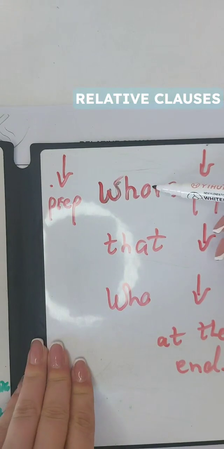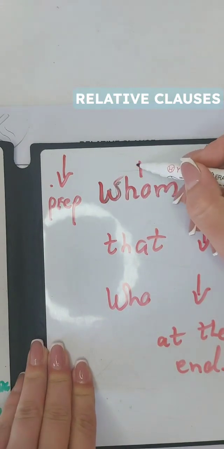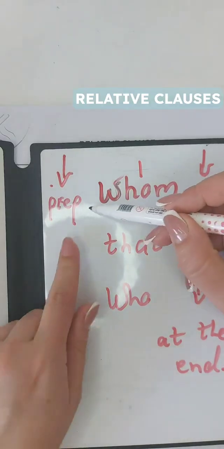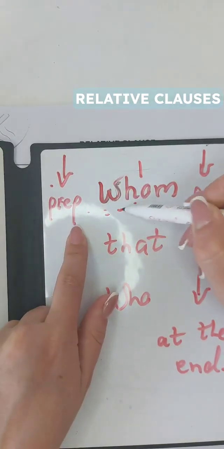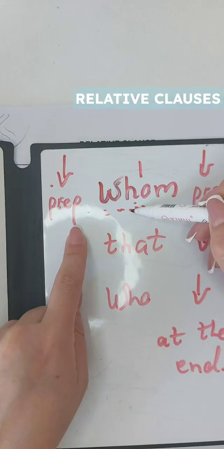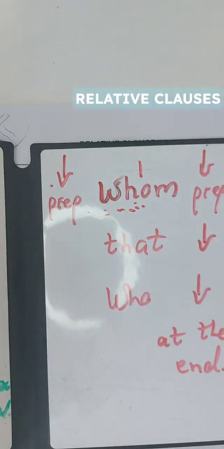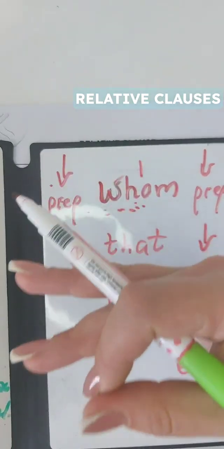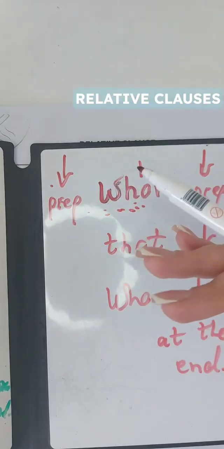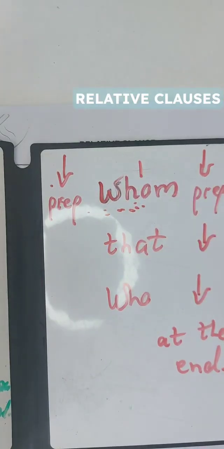However, again, whom is very formal, especially if you put a preposition in front of whom. We don't use whom nowadays, especially in everyday speech, in casual situations, okay? But we should know how to use it, right?